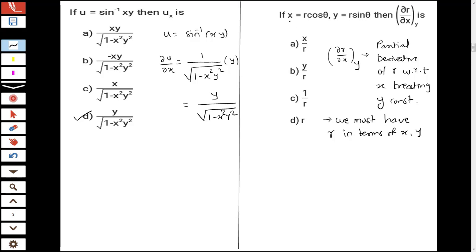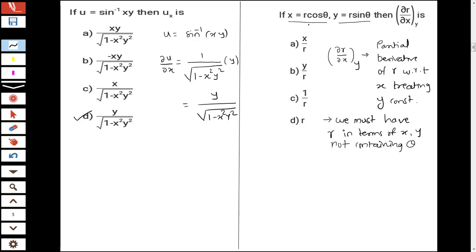If you see the given equations, x is in terms of r theta, y is in terms of r theta. But we need what? r in terms of xy. So we'll find r in terms of xy, and obviously not containing theta. It means we have to eliminate theta from these given two equations.